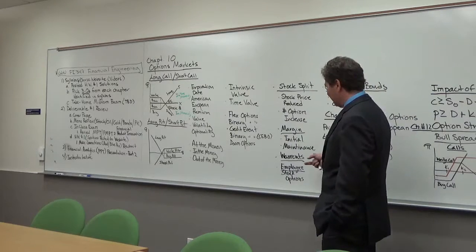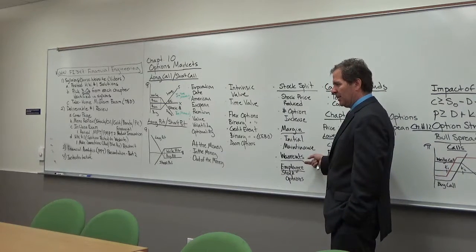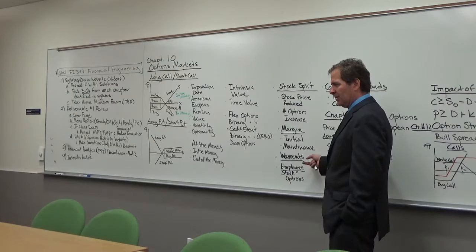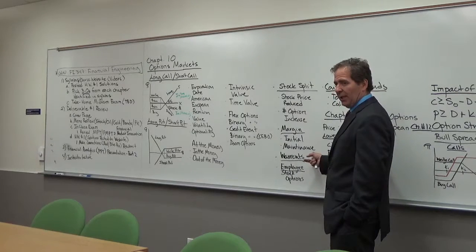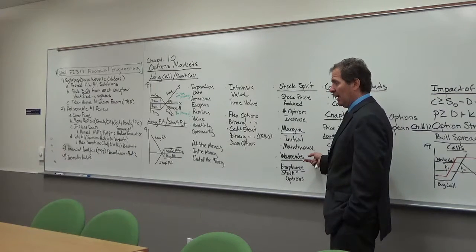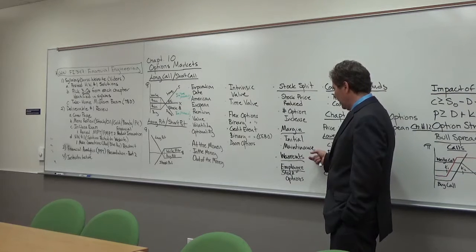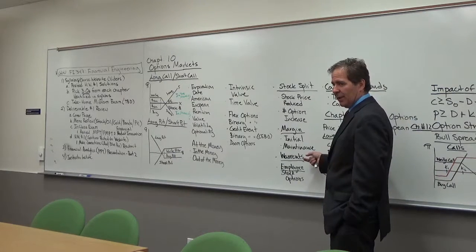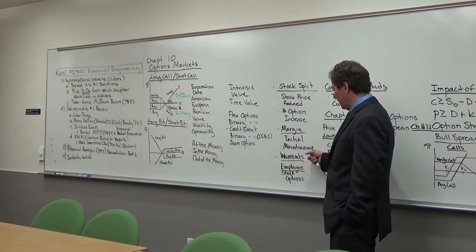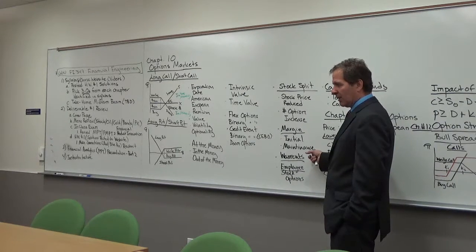Warrants are basically option contracts issued by corporations that allow you to exercise the call options, let's say, based off strike prices. And employees are issued warrants, just like they are issued stock grants and stock options.